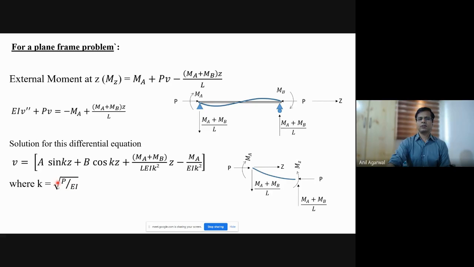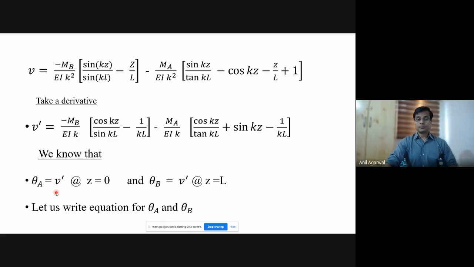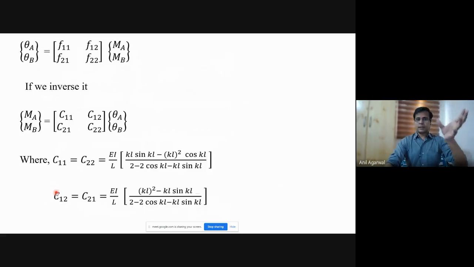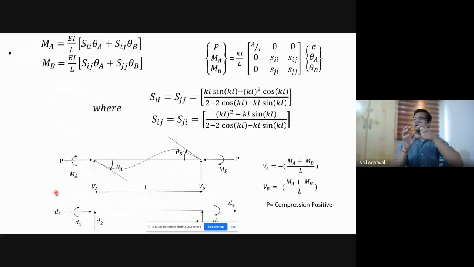So KL will be this L multiplied by square root of P by EI. Or in other words, we had substituted P is equal to K square EI. So that is K. The K here is not the effective length factor. Don't confuse that K with this K. It may turn out to be that way, but right now it's not the same K.